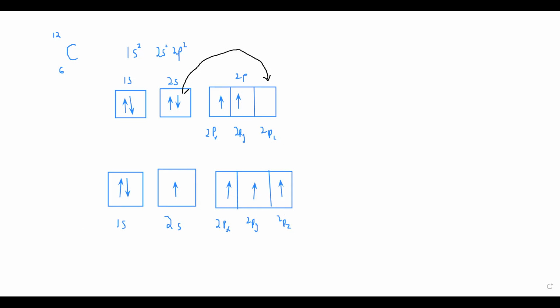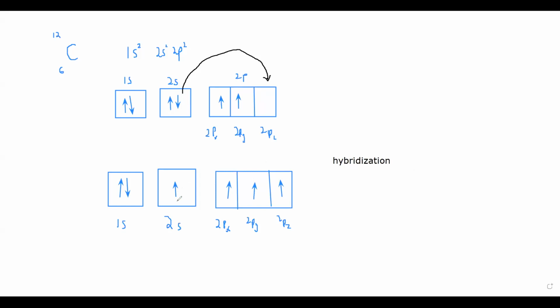And this movement of electron from one shell to another, we call hybridization. What is hybridization? Hybridization is the movement of an electron from one shell to another.